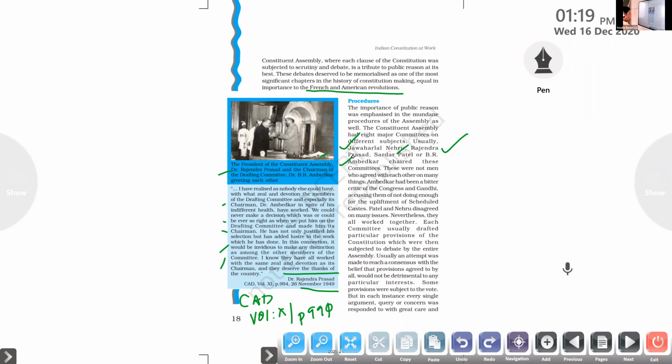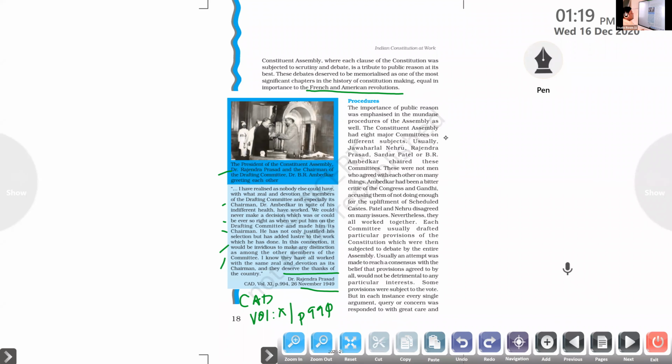These were not men who agreed with each other on many things. Now we are discussing the people who chaired these committees. Don't think that all these 4 people had the same ideas.